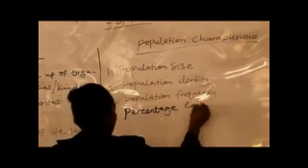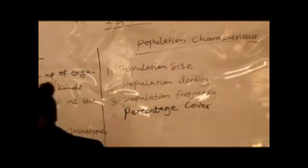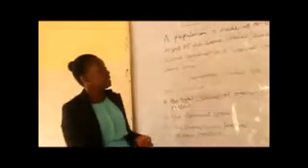And finally, percentage distribution. How is the organism or the population distributed? So let's look at these factors affecting population. Let's begin with population size.